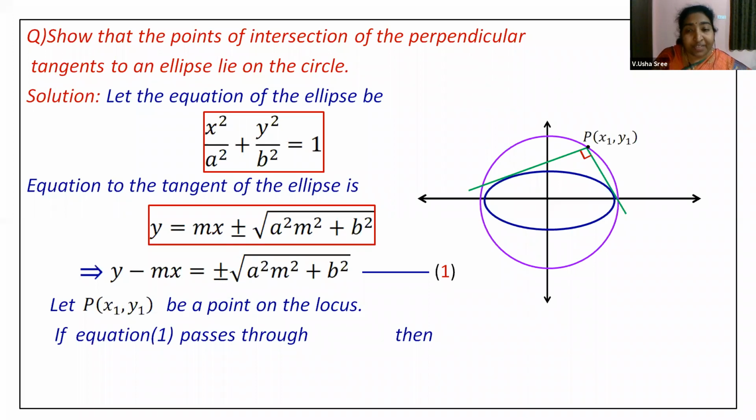Okay, so we have taken the point P x1 comma y1. If equation 1 passes through P x1 comma y1, then that point should satisfy the equation as I was mentioning earlier. So y1 minus mx1 is equal to plus or minus root of a square m square plus b square.